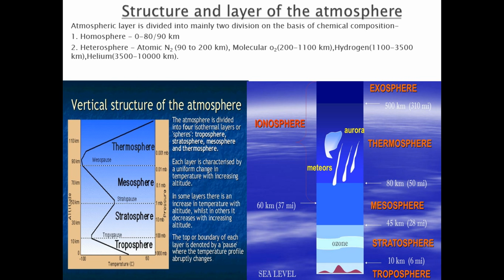Then hydrogen from 1100 to 3500 kilometers. As helium is a lighter gas, it covers the maximum and is almost above the other gases, that is 3,500 to 10,000 kilometers.